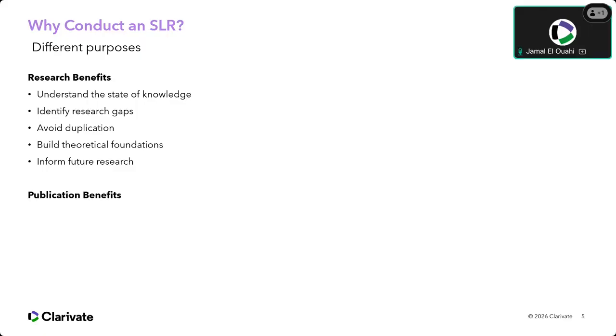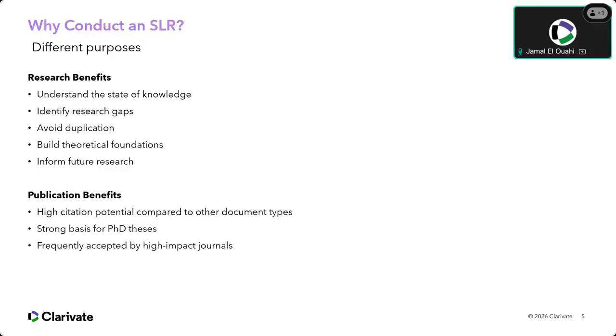So these are the research benefits. In terms of publication, as I mentioned, there's high citation potential compared to other document types, a strong basis for a PhD thesis, and if done properly, it's frequently accepted by high impact journals.